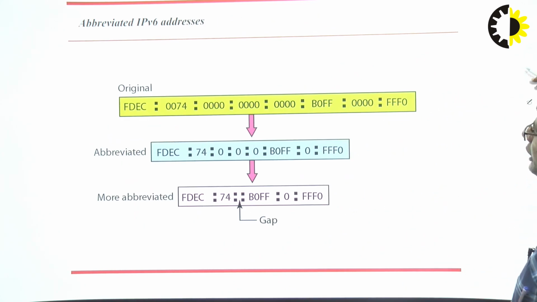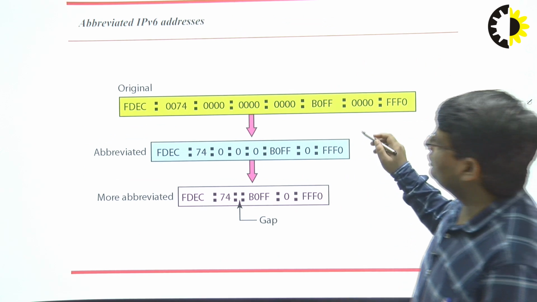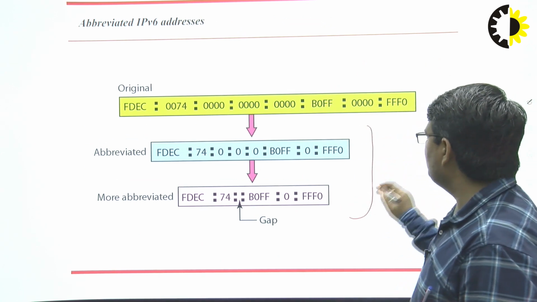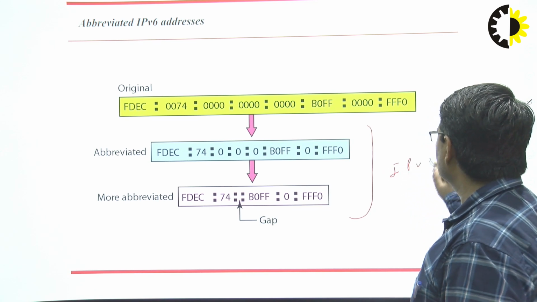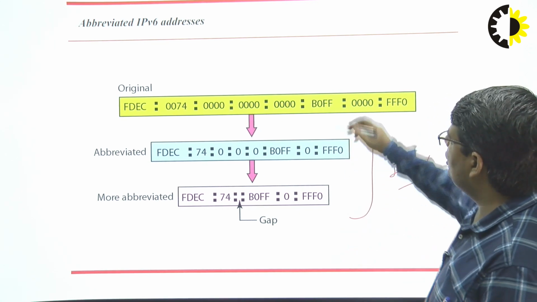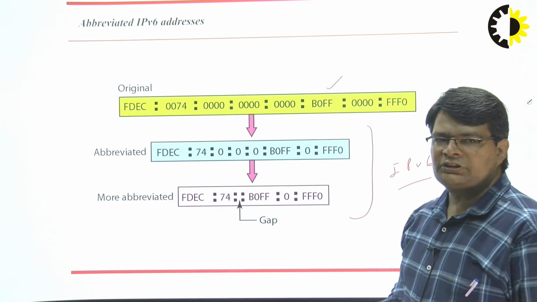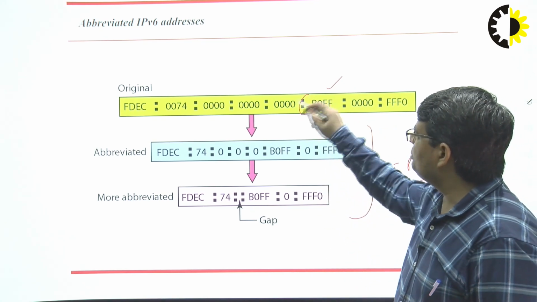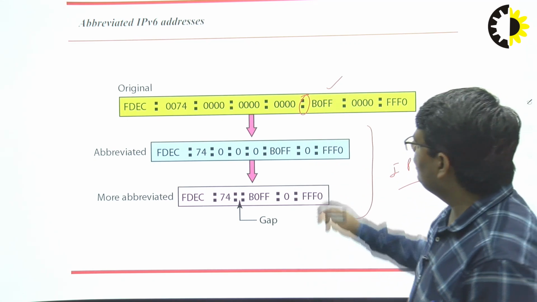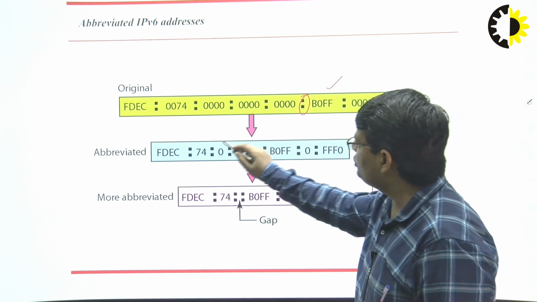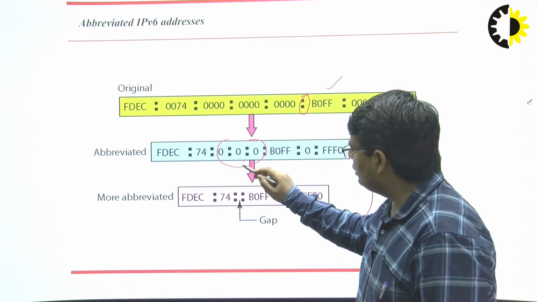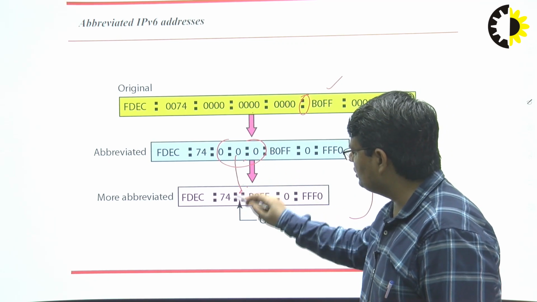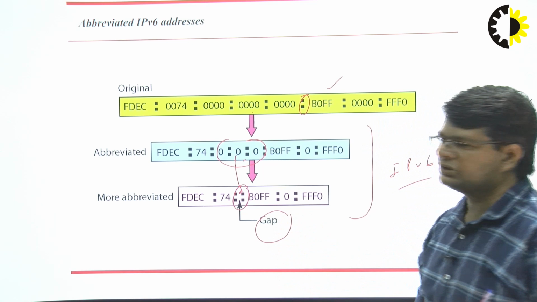This is shown in the next slide. These are the abbreviations used for IP version 6. This is the original IP address in version 6, using hexadecimal notation separated by the colon, and then these zeros are converted into single zeros, and these zeros are finally replaced with the gap or space.